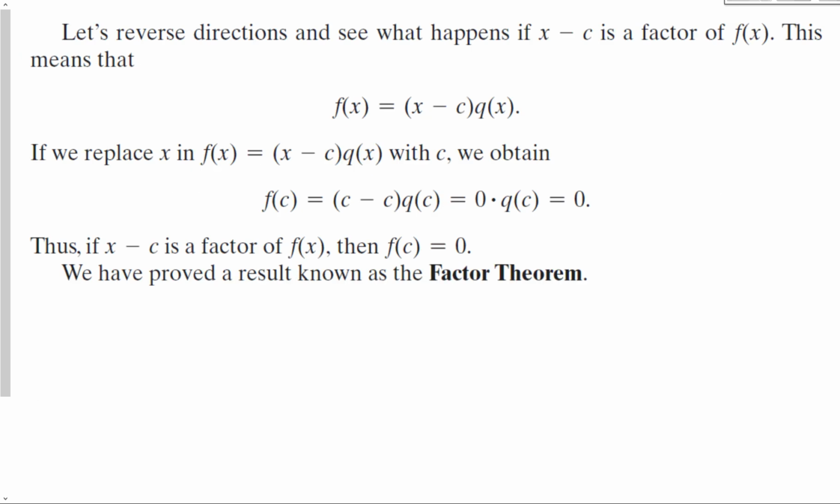So if we reverse this and see what happens if x minus c is a factor of f of x, this means that f of x is equal to x minus c times q of x. And if we replace x with c, we get that f of c is equal to 0, and we have proved the factor theorem is actually true.